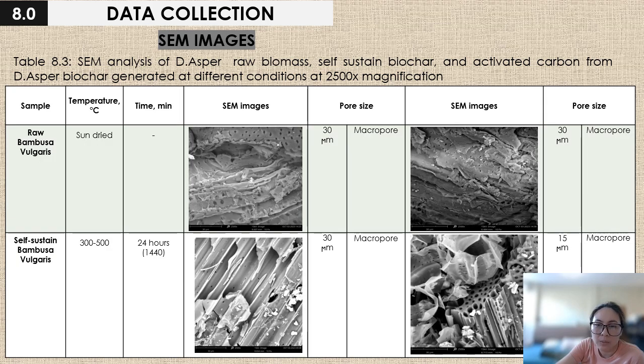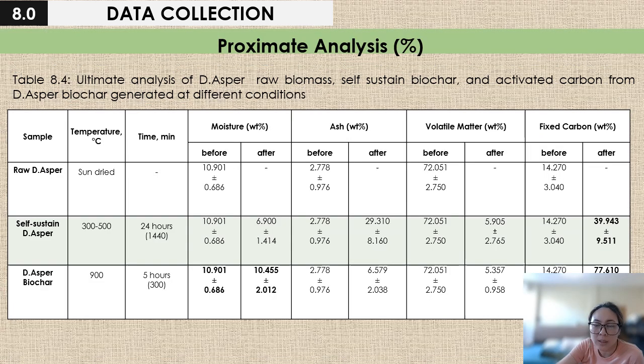And this one is from the raw Bambusa vulgaris. So you can see here that the self-sustained has produced some macropores in the structure for absorption.